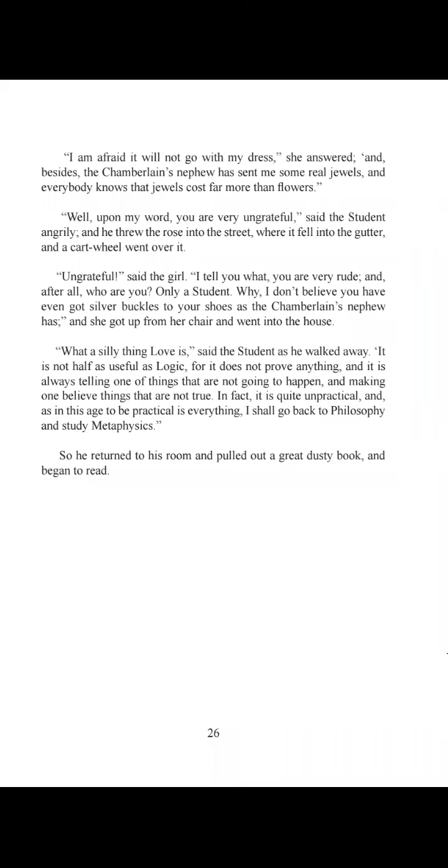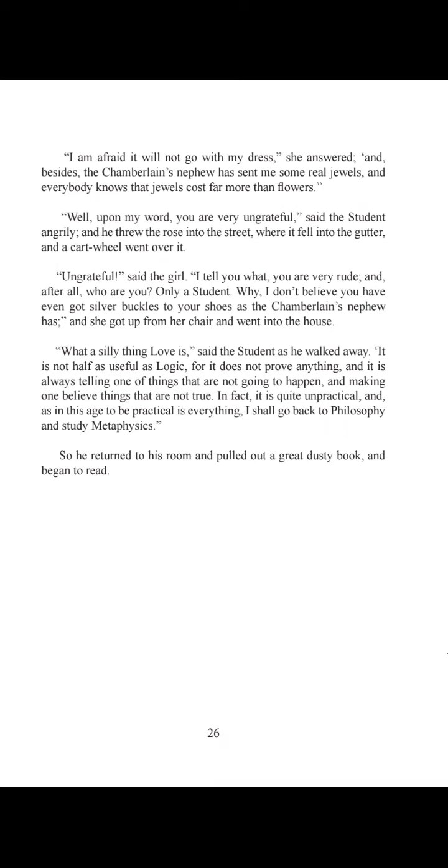So she's underestimating him. She's pointing out that he is not rich enough. He's not wealthy. And she's saying, you are just a student. Who are you? How can I love you? And she got up from her chair and went into the house. So secondly, what happened?